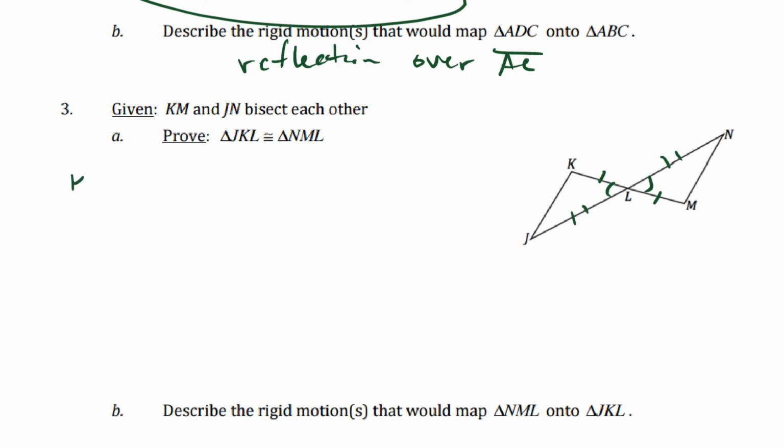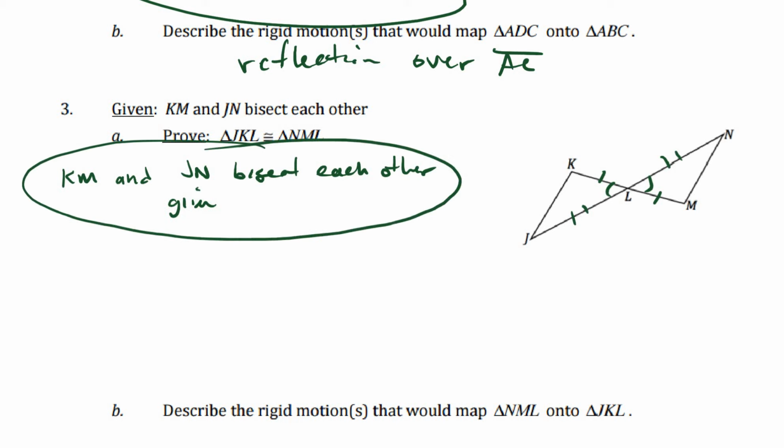First we have to say KM and JN bisect each other. That's given. I know that tells us 2 things. It tells us that KL is congruent to LM, and it tells us that JL is congruent to NL.